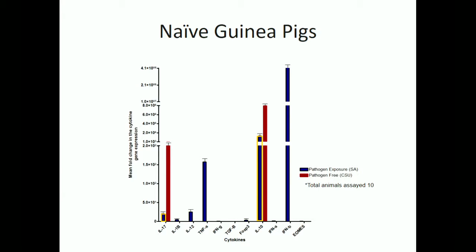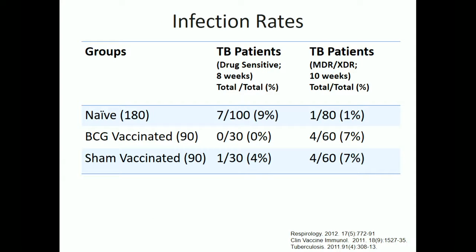So in terms of the naive guinea pigs versus the laboratory ones, Diane noted a lot of differences in the cytokine pattern. The pathogen-free animals actually had much more in terms of IL-17, pro-inflammatory, and more in terms of suppressive IL-10 compared to our naive but pathogen-exposed animals.